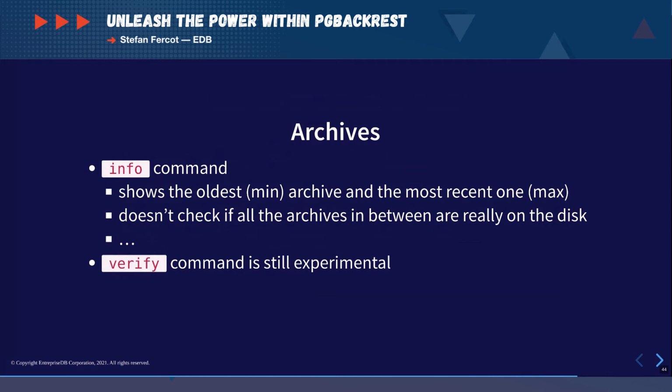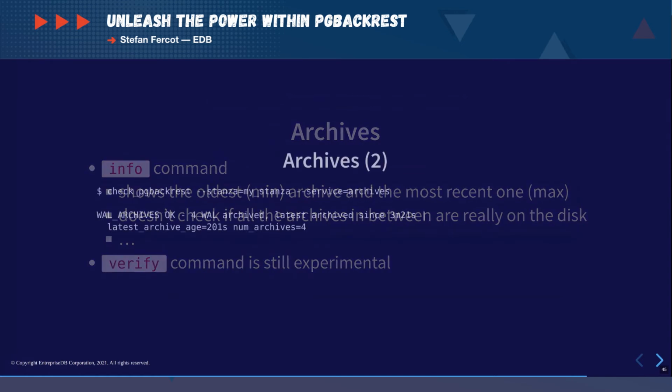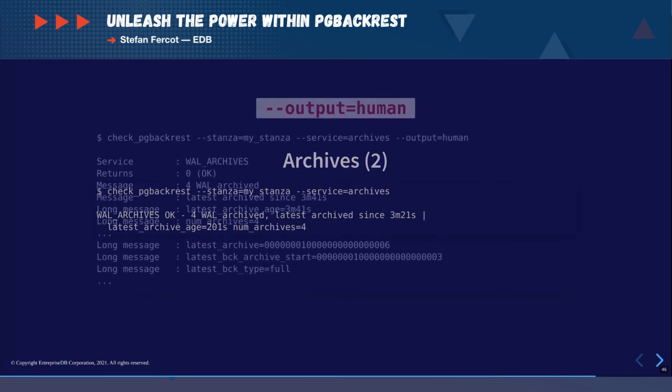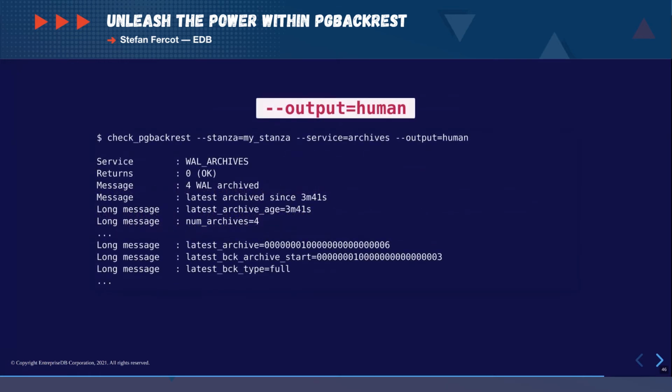And currently the verify command is only experimental, so in development status. check_pgbackrest will be able to go to disk using the repo commands internally from pgBackRest itself, check what's in there, then get you some kind of summary. What's inside the repo? Is there any missing archive or not?